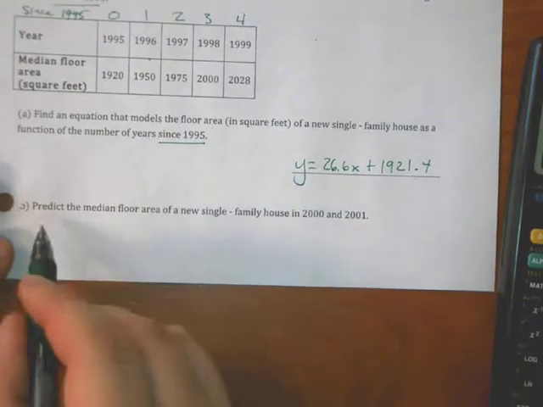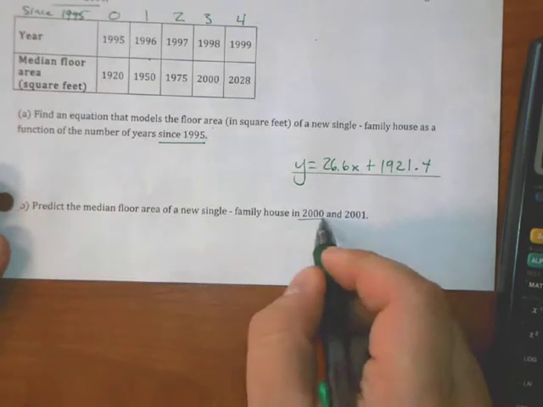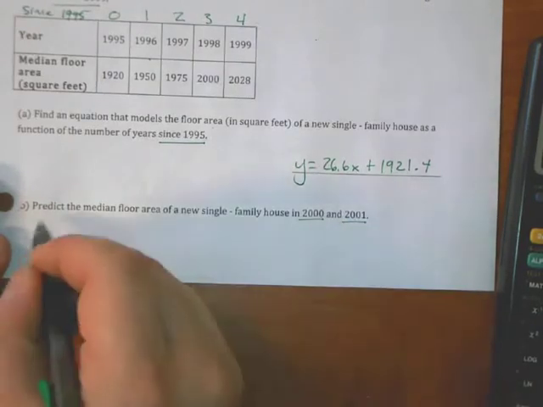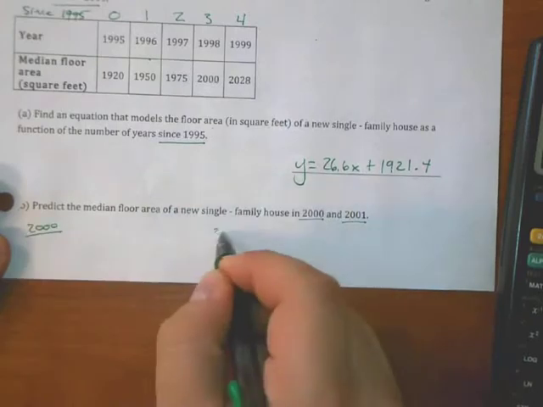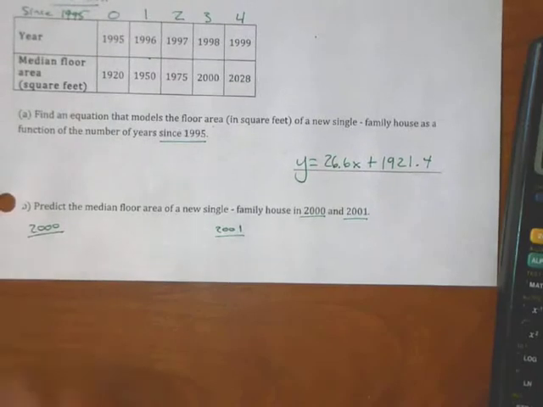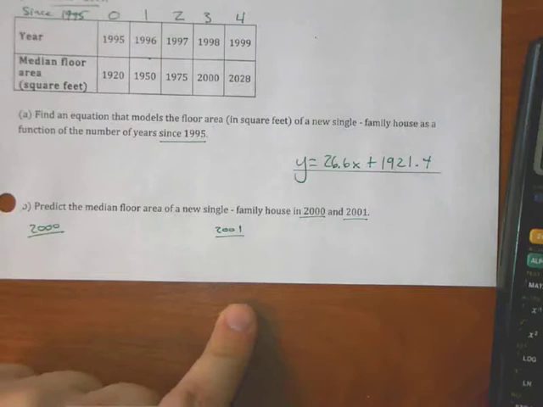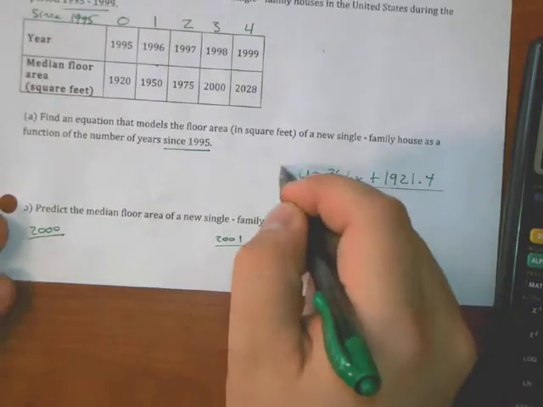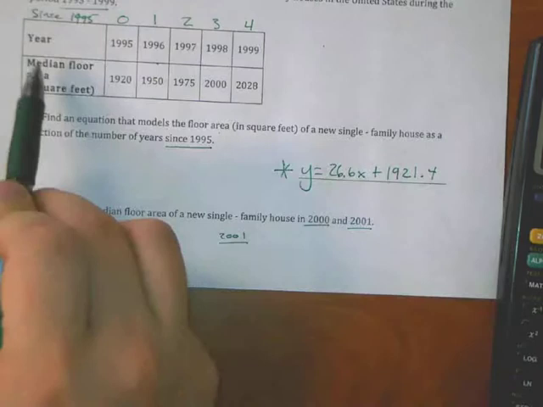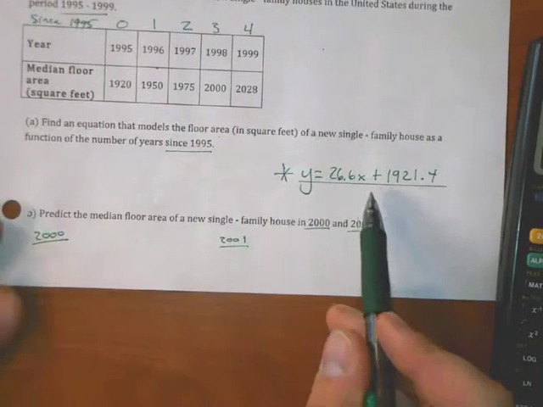Our second question says, this time predict the floor area of a single-family house in the year 2000 and in 2001. We found an equation that says if we plug in the years since 95, it gives us a value.